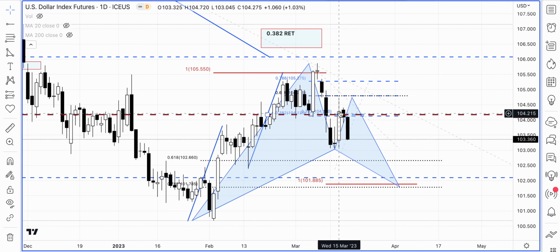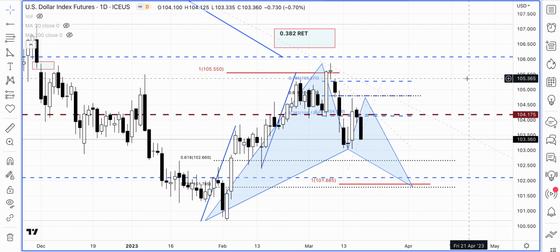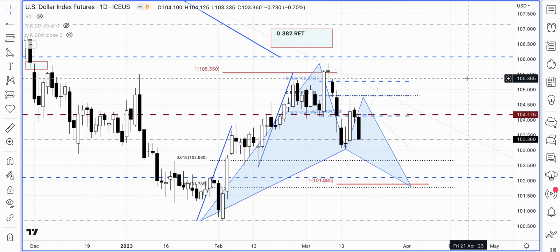But over the last two days we have seen the US dollar getting weak, perhaps because of the massive actions taken by the Federal Reserve with the treasury bonds being held by the US banks. I'm not going to get into the details, it's another video.